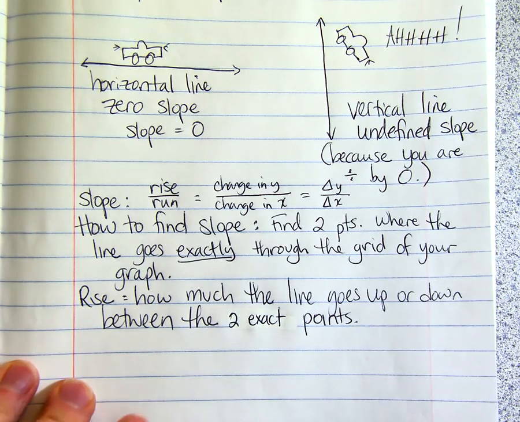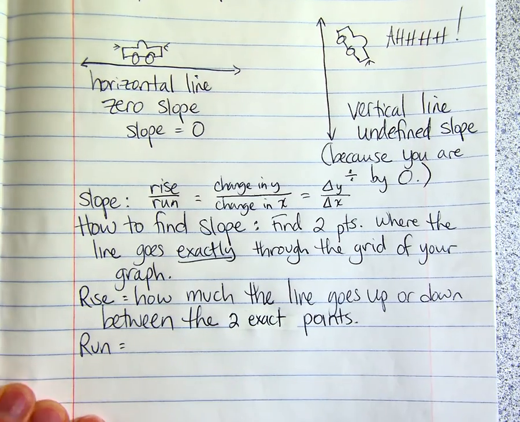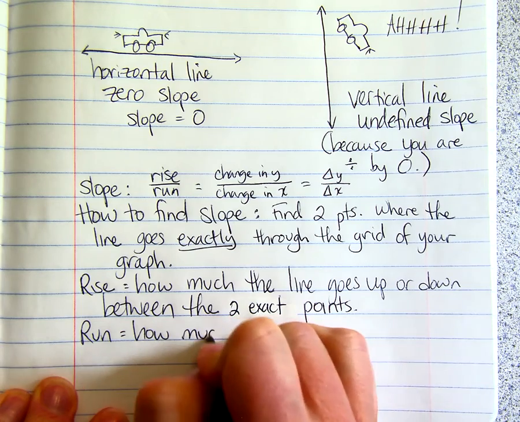So those 2 points that you found. Then the run is how much the line goes left or right between those 2 exact points.